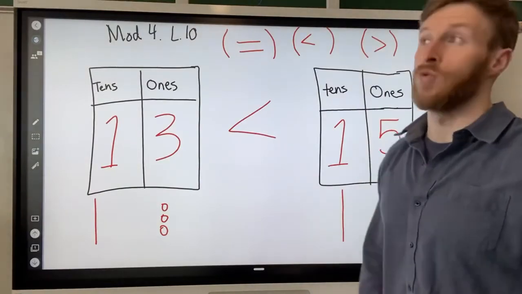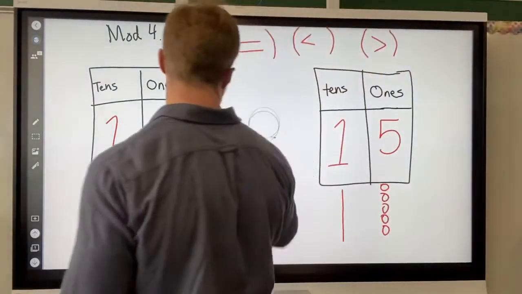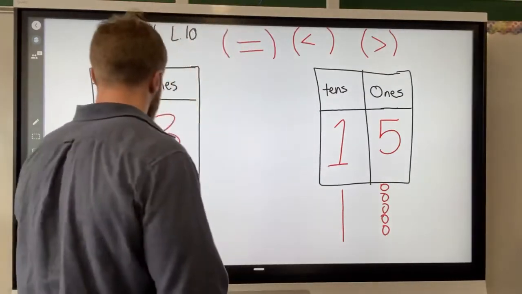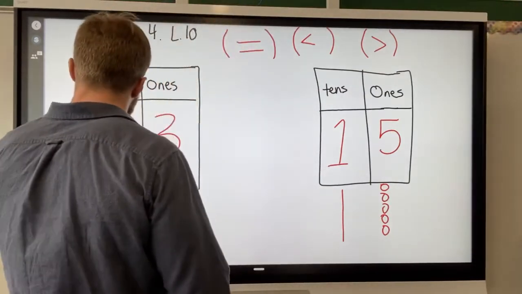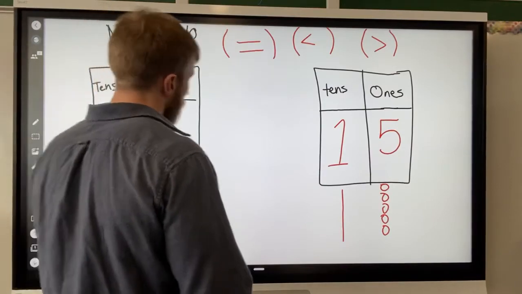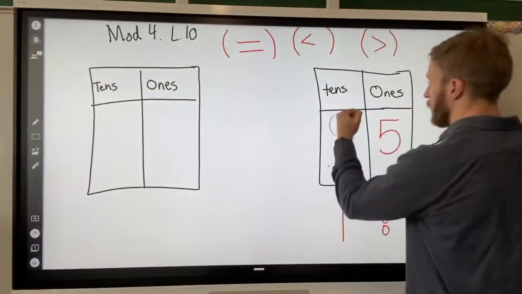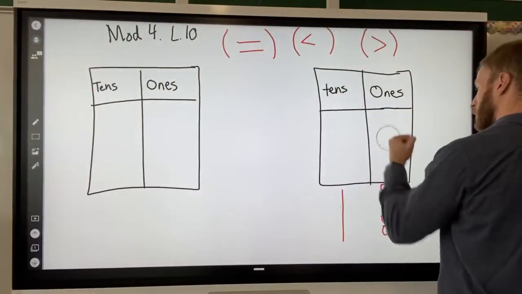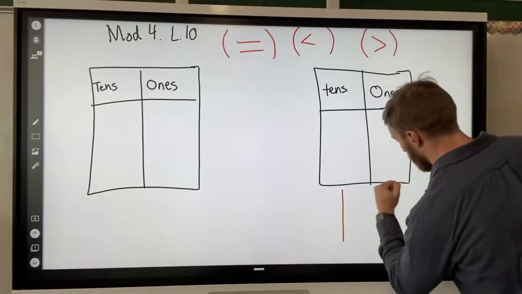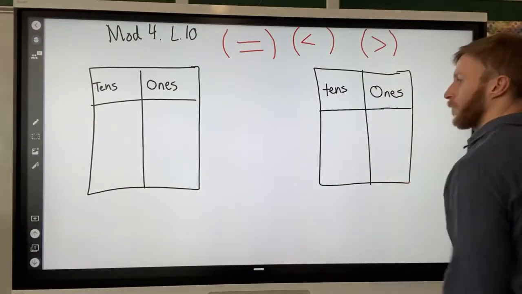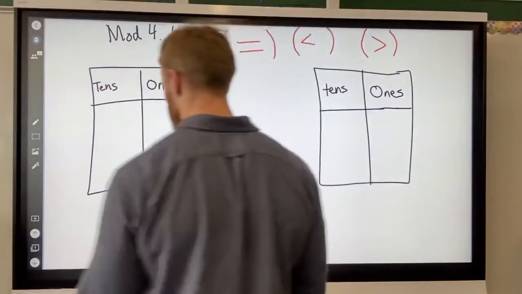Awesome. Let's do one more. Un más. Just give me some time. Make sure you guys have a blank area to write on. All right, here we go. Here's my picture.